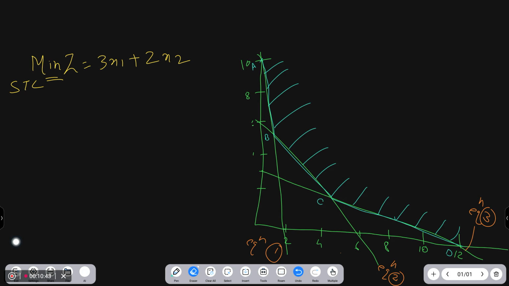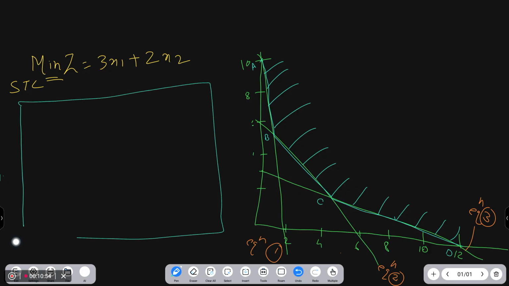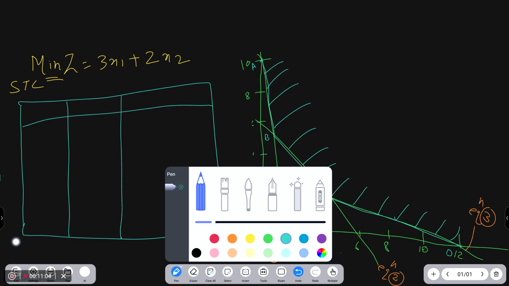Here, just create a table. In the table, you have to write the coordinate first, then the coordinate's value, and then the objective function.